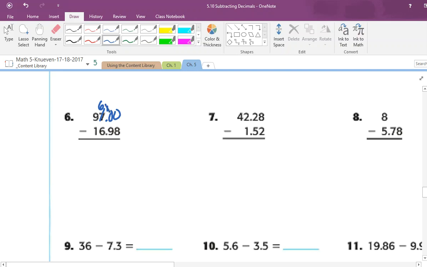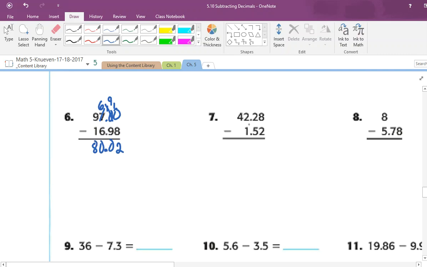So I need to borrow from it, so that becomes a 9, and now that becomes 10. So 10 minus 8, we get 2. 9 from 9, we get 0. I bring down my decimal point. 6 and 6, 0. 1 and 9 is 8, so I get 80.02.